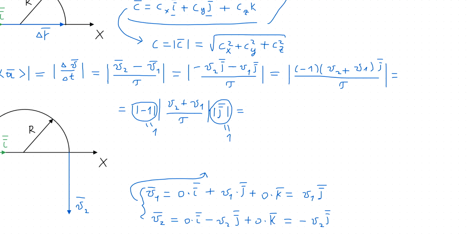So we have just a simpler relation: v2 plus v1 divided by tau. Okay, that's great.